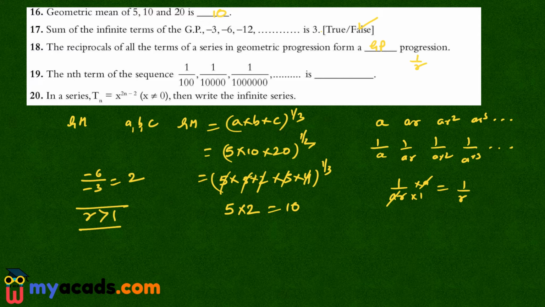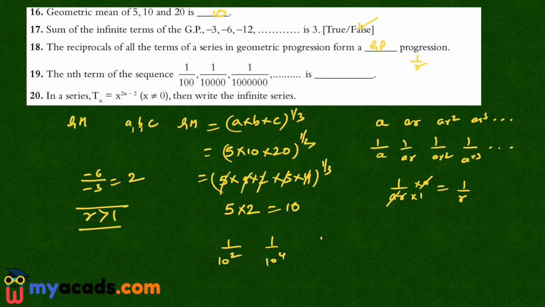Let's see question number 19. The nth term of the sequence 1 upon 100, 1 upon 10,000 and 1 upon 10 lakh is okay. So I have to find out the nth term. I can see that my first term is 10 raised to the power 2. My next term is 10 raised to the power 4.